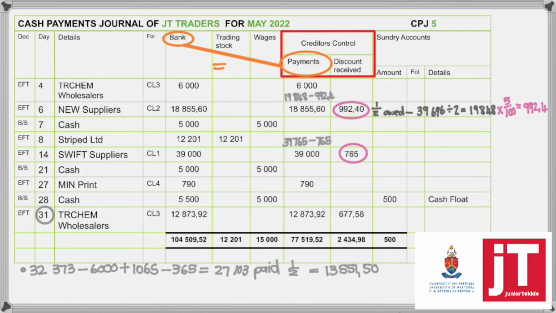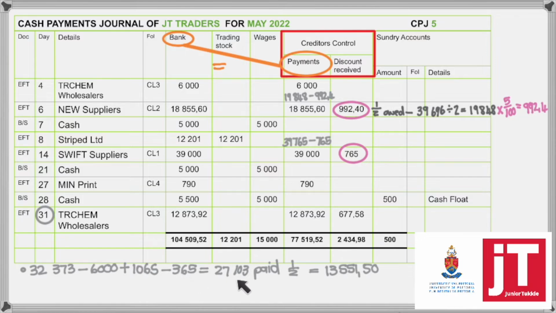So first of all, we need to work out how much did we owe Trichem at the beginning of, on the 31st. So at the beginning of the month, we had the 32,373. Then we paid on the 4th 6,000 Rand. Then we bought the 3 calculators for another 1,065 and we returned 1 calculator 365.